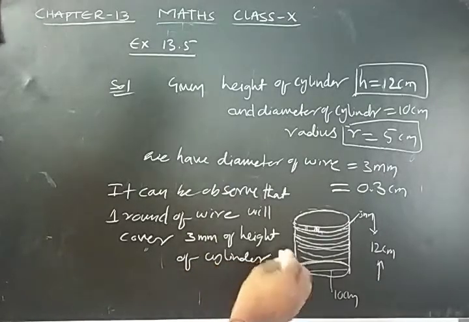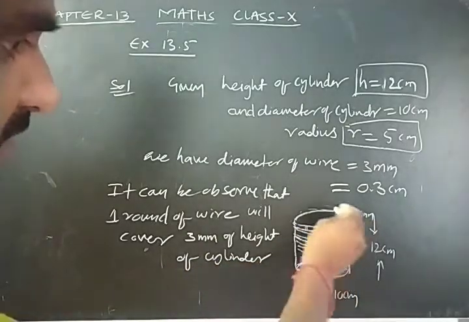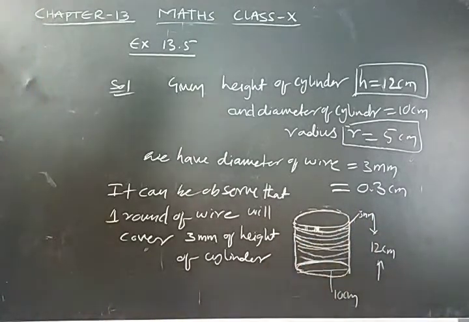From the figure we can observe here. For one round of the wire, it will cover 3 millimeters of the height of the cylinder. Okay, right.